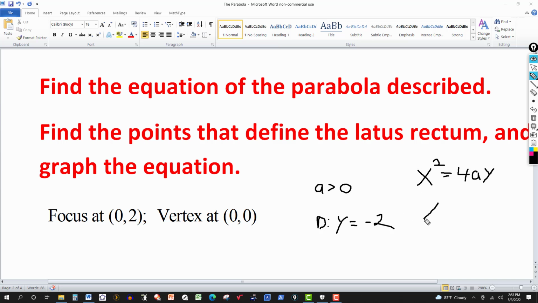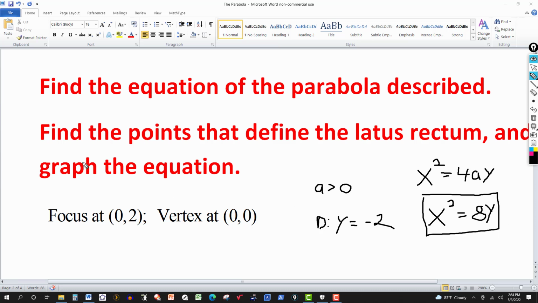The equation, of course, is pretty straightforward, because all we have to do to get the equation is replace the a by whatever the value is. In this case, 2. So 4 times 2 is 8. So x squared is equal to 8y.